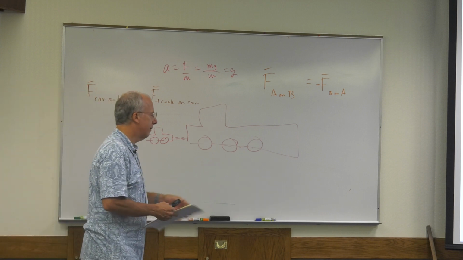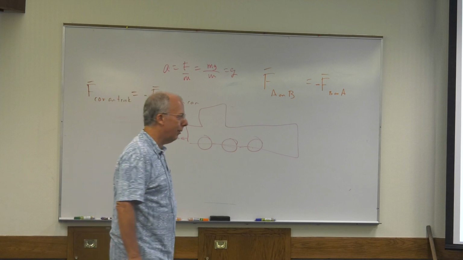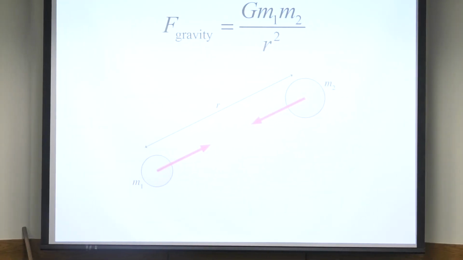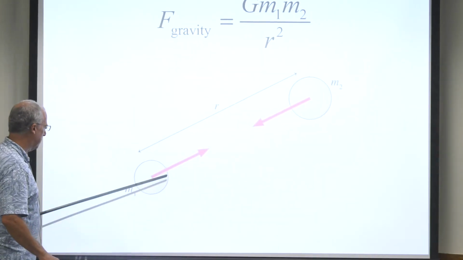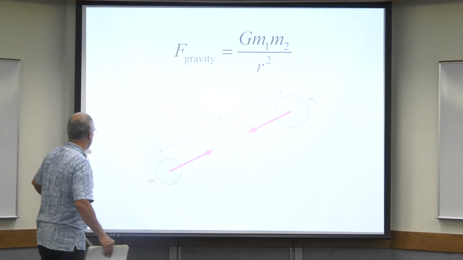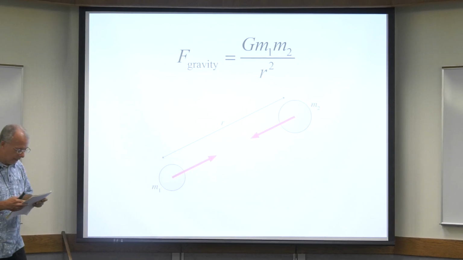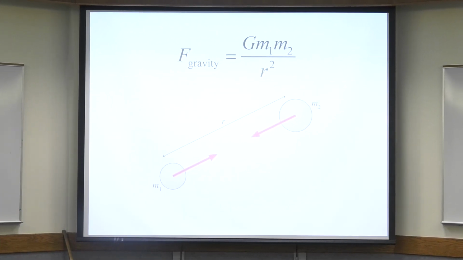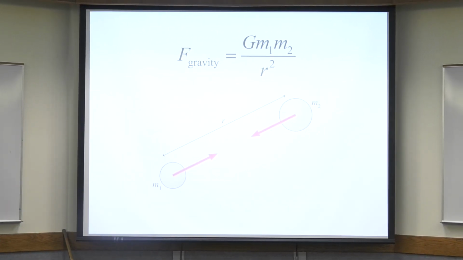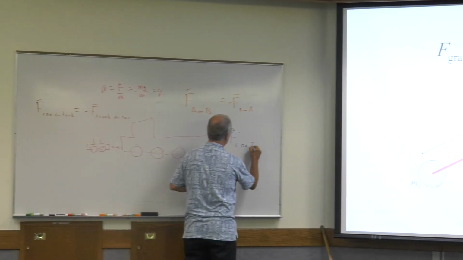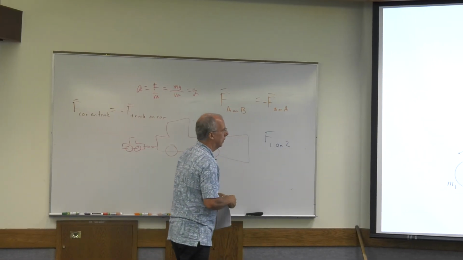This is just another example. I already talked about it, but here's Newton's law of gravity between two, let's say, planets, M1 and M2. So what is the force F1 on 2?